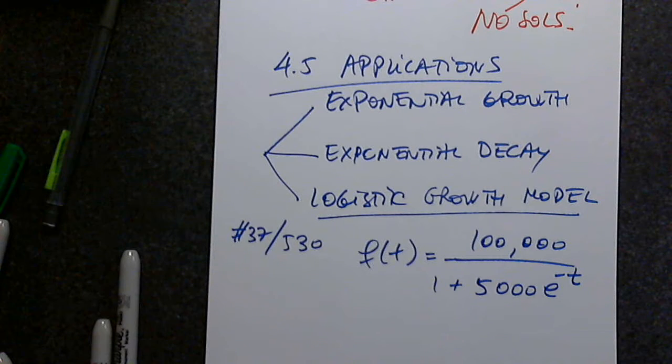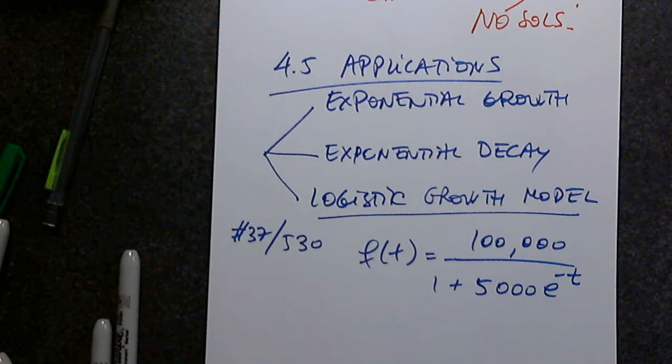What do you see here? I see a ratio. But this is not a pure rational function because it's combined with an exponential. So it's a combination of two functions, rational and exponential.